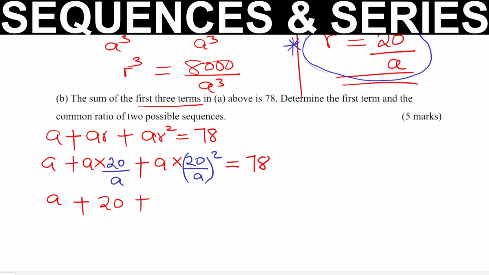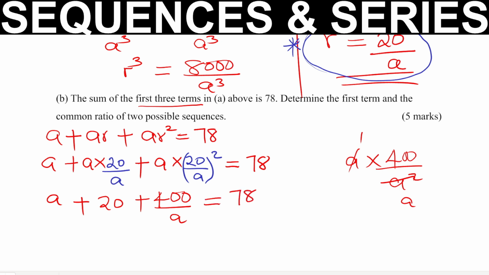So this one, you'll end up getting 400 over A. When you work out this, A multiplied by 20 squared is 400, then A squared. So you cancel that out, you get 400 divided by A is equal to 78.